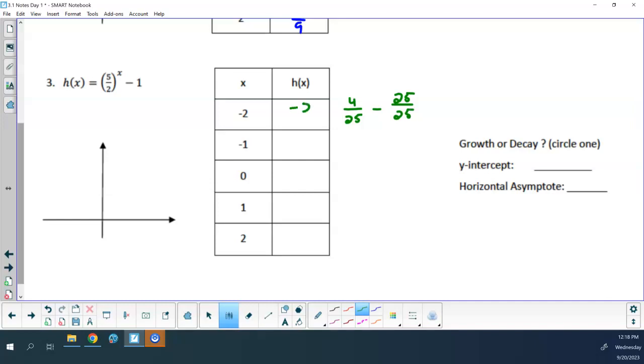So that's going to be -21/25 there. If I plug in -1, then 5/2 becomes 2/5, -1. Well, now I can write 1 as 5/5. That's going to be -3/5.